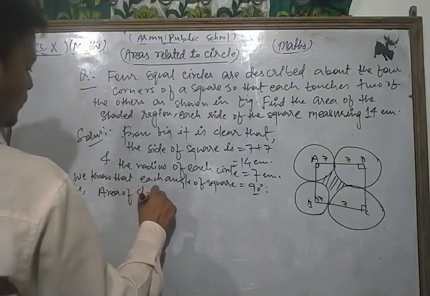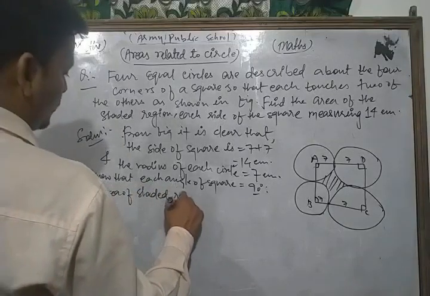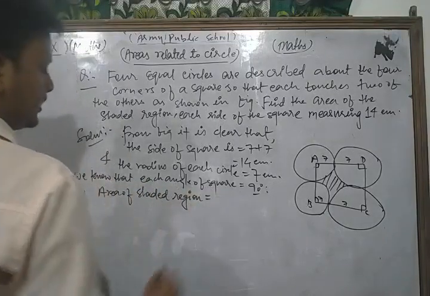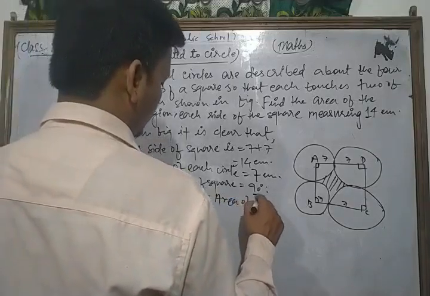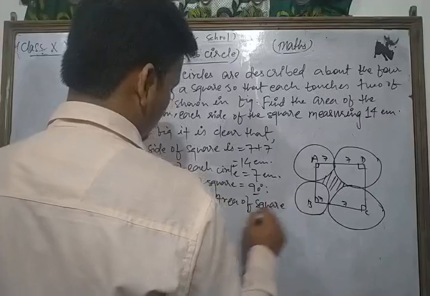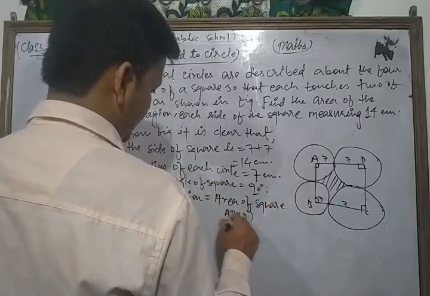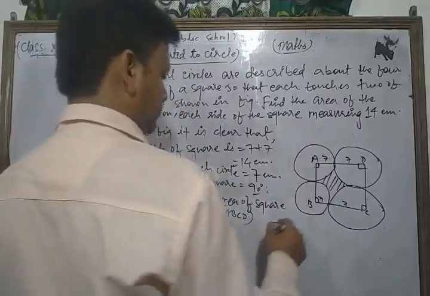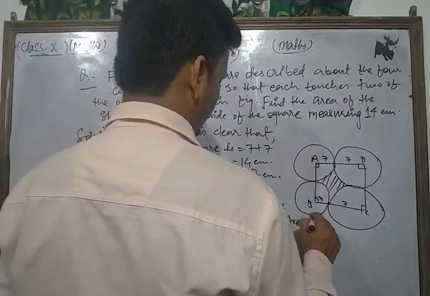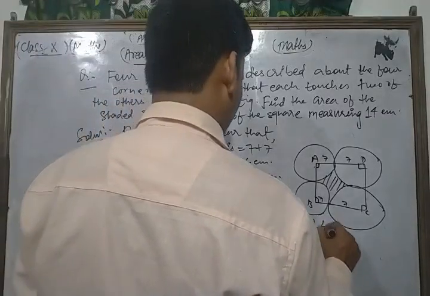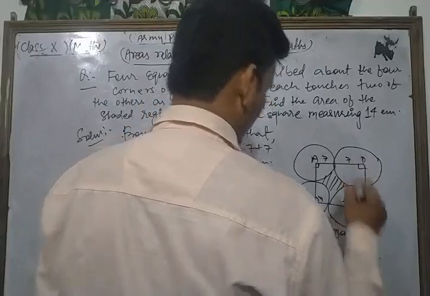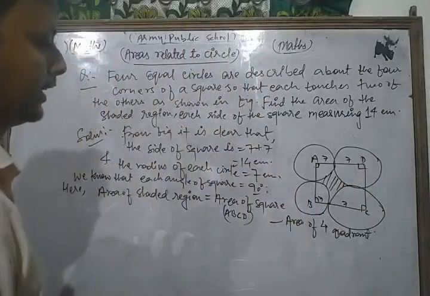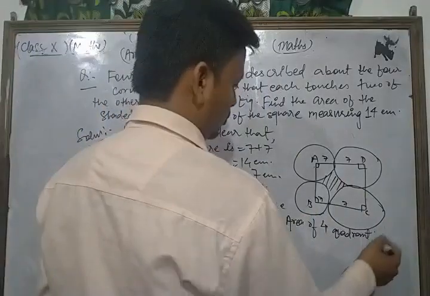Area of shaded region is equal to area of square ABCD minus area of 4 quadrants.